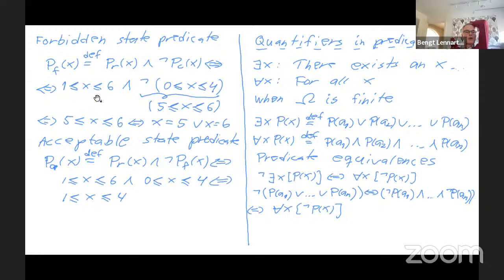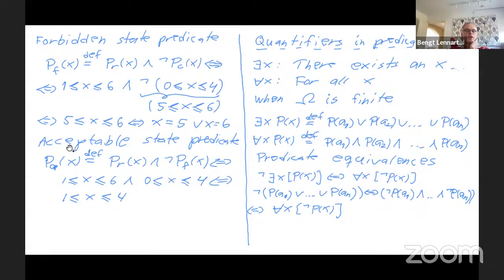So here are all reachable, and here are all that are not co-reachable, and that generates the forbidden states. Those are the combination of 5 to 6 and 1 to 6, and that generates 5 to 6. Yes, sorry, I was lost there.